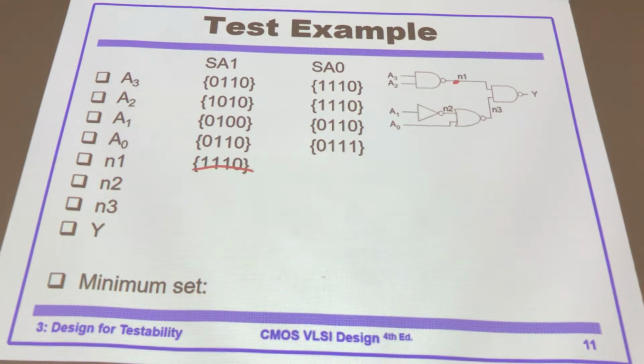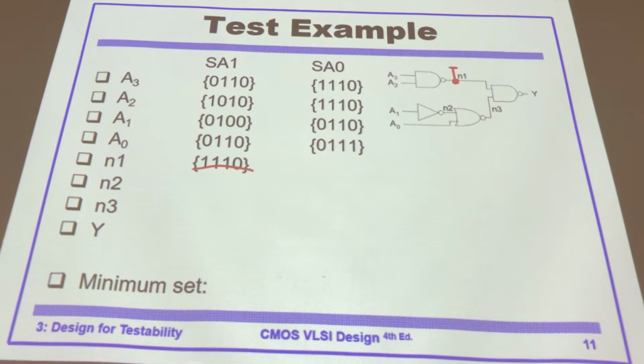We are testing whether or not there is a stuck at 1 fault at N1. So what should be the value you provide for the input vector? How do you get that? How do you reason about it? How do you derive it from the problem?